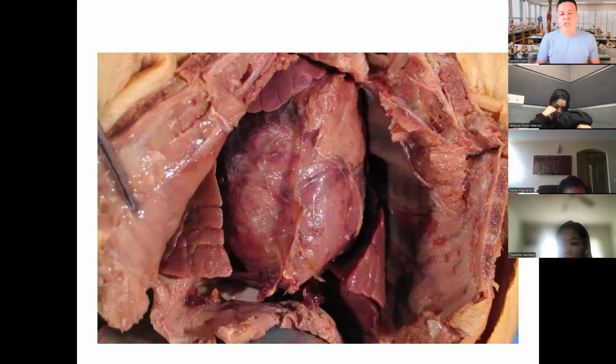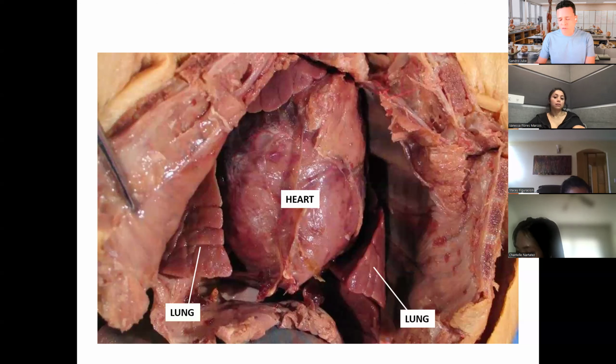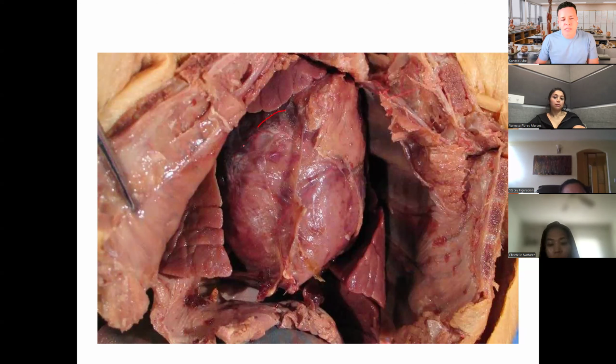Moving on, let's take a closer look at the thoracic cavity. And of course, within the thoracic cavity, we have our heart and the lungs. We can see the heart in the middle and the lungs to the side. And what I really want you guys to notice right here, folks, everybody look up here, please. Can you see how on the surface of the heart, there is a membrane? We can see this membrane kind of folded right here.